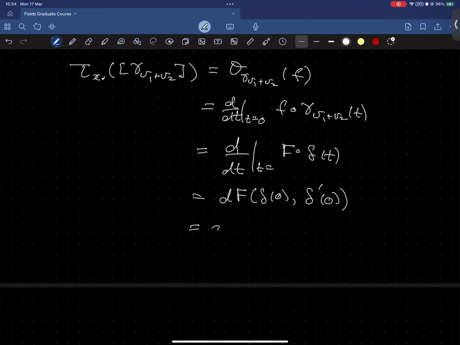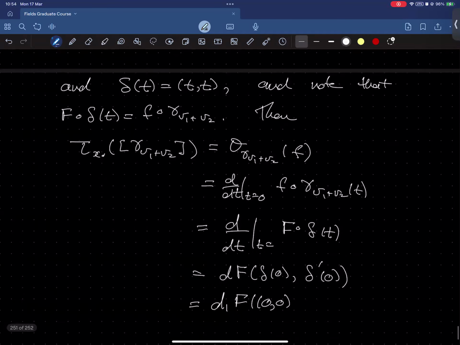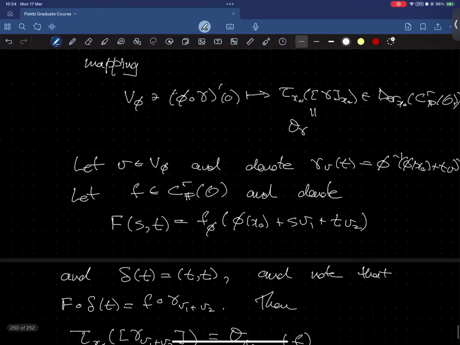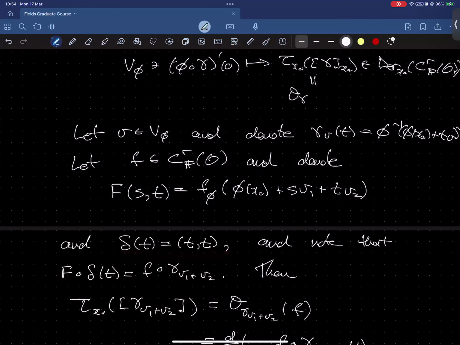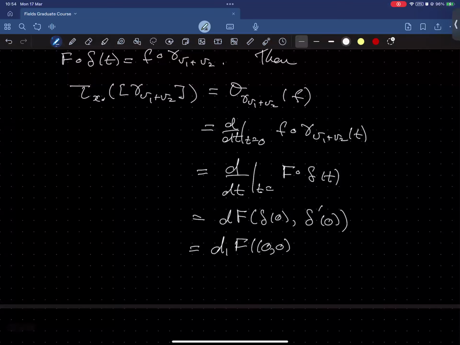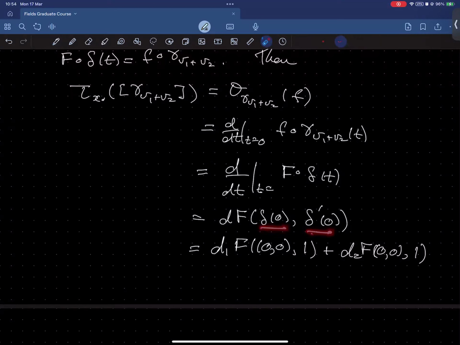So this is d1 F at delta of 0, which is 0 comma 0, that's the definition of delta up there, and delta prime at 0 is equal to 1, plus d2 F at 0, 0, times 1. So 0, 0 is just that, and this is 1. So that's delta prime.